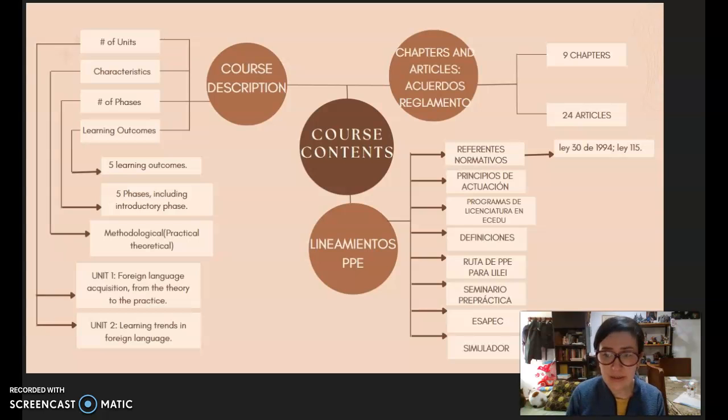Ley 30 regulates the superior education, which is university level, and the other law, 115, regulates the basic and intermediate education. Those are our reference for the practice, because we are going to be in those kinds of scenarios. So this is important to have in mind.